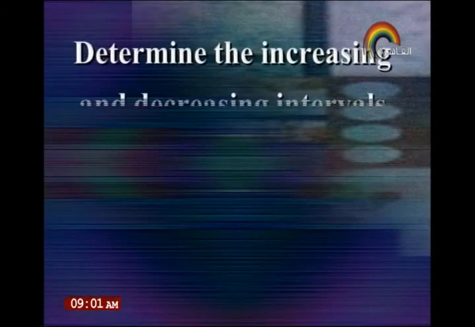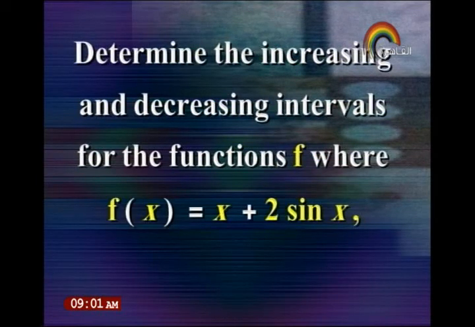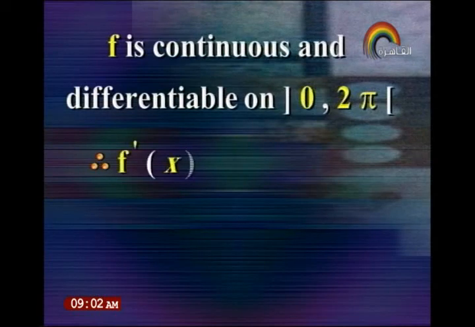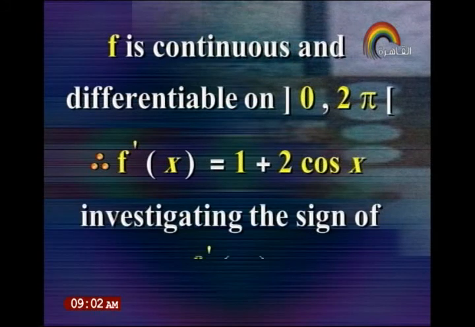Dear student, look at another example. Determine the increasing and decreasing intervals of the function f of x equals x plus 2 sine x, x between 0 and 2 pi. Solution. f is continuous and differentiable on 0 to pi, f dash x equals 1 plus 2 cosine x.